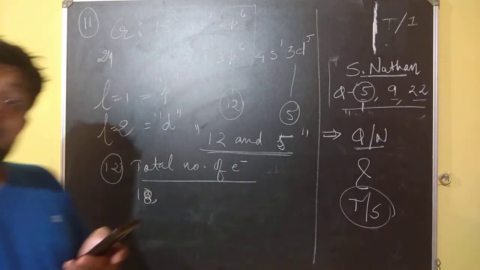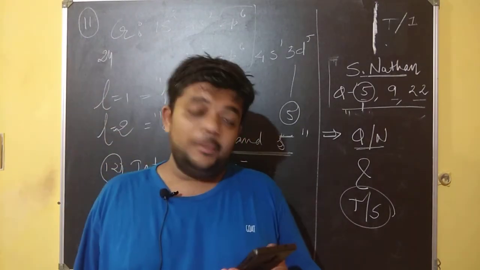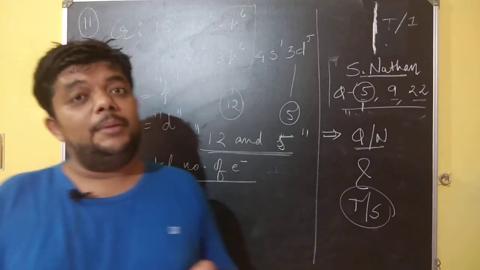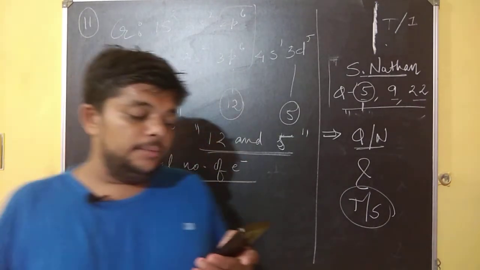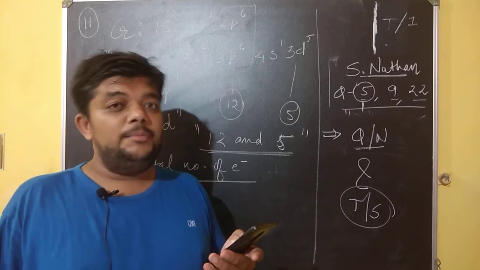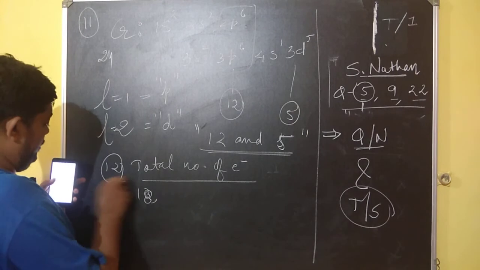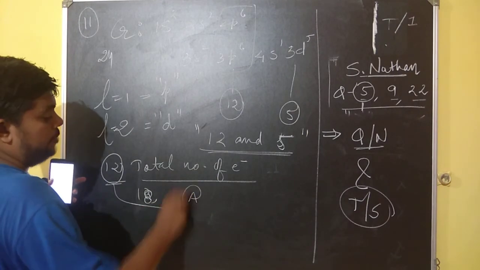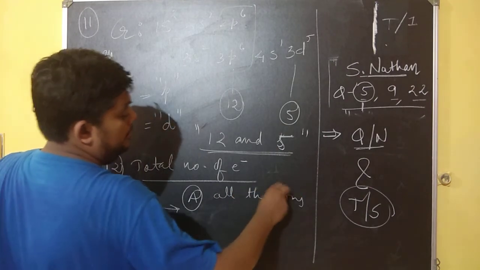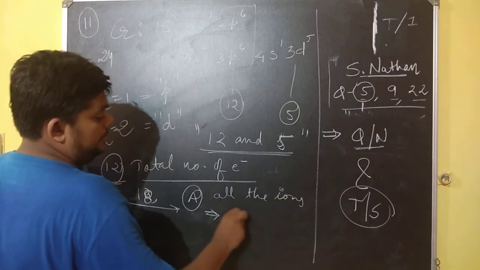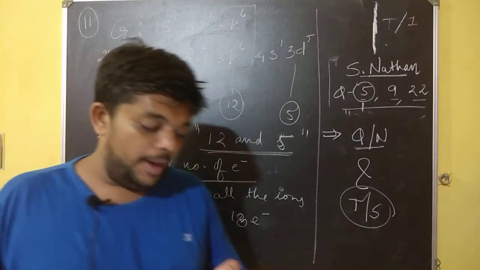Option 3: N to the power minus 3 has 10 electrons, O to the power minus 2, 10 electrons, F to the power minus 1, 10 electrons, but H to the power minus 2 has 18 electrons, so that won't work. Similarly, in option D, lithium is quite different from sodium, and magnesium is different from calcium. So for question number 12, according to me, option A is right, because for all the ions given there, there is an 18 electron probability.